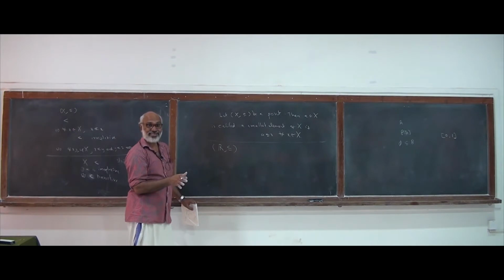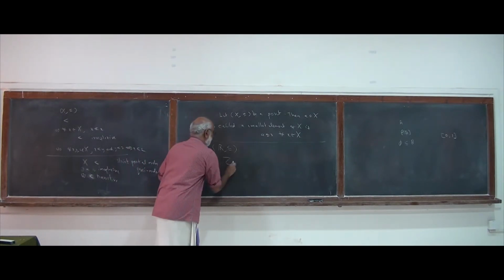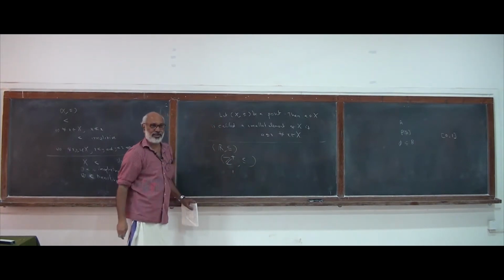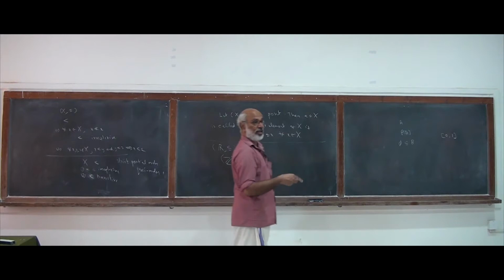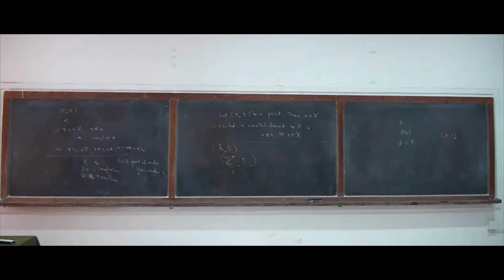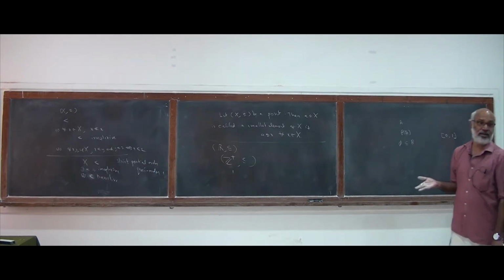There is no smallest rational number. But there is a smallest element in the set of positive integers. If you take the set of all positive integers, here 1 is the smallest element because 1 is less than or equal to every positive integer. So some partially ordered sets may contain a smallest element, some may not.